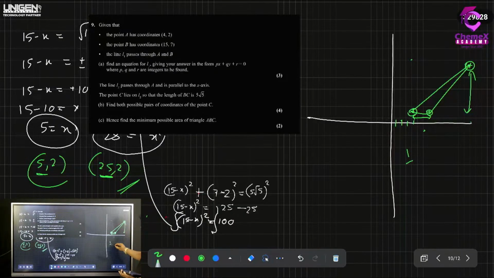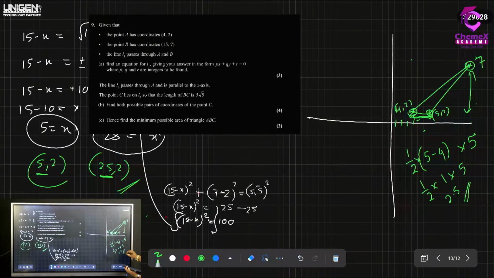So half times this gap is of course 5 minus 4. Why? This is 5 and 2. This is 4 and 2. So x-axis gap into what's the height? B's coordinate was 7. So 7 minus 2, 5. So just easy. Half times 1 times 5. It's 2.5. That is the area.